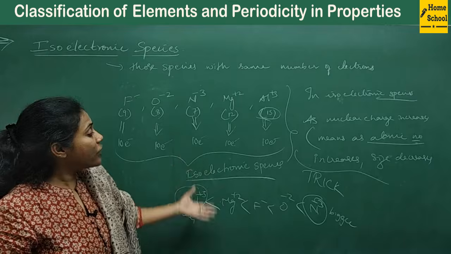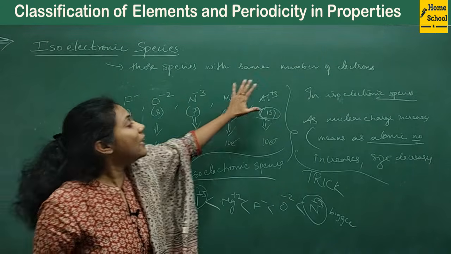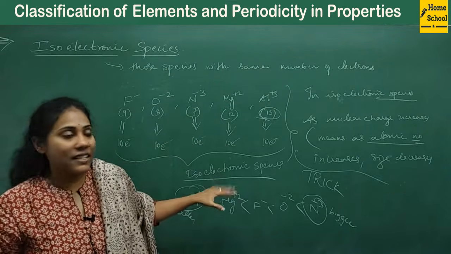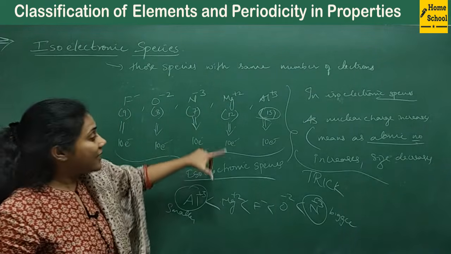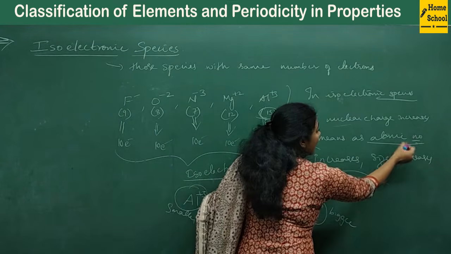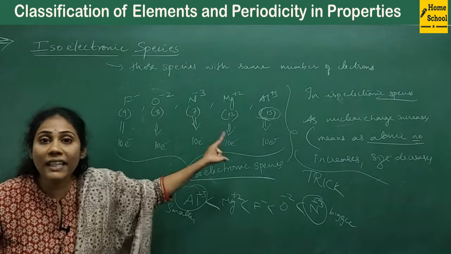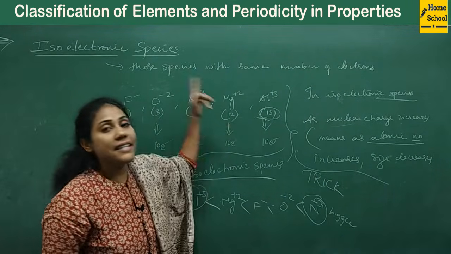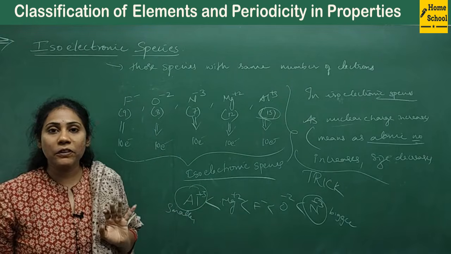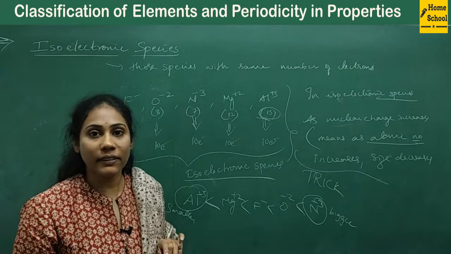Then if a question asks you to arrange them in increasing or decreasing order of size, just remember, more the atomic number, lesser is the size of isoelectronic species. This is really very important.